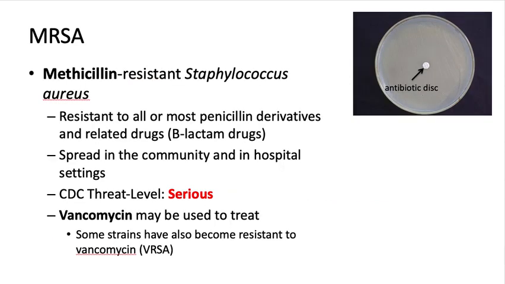If the staph is resistant to many antibiotics, including those beta-lactam penicillins or penicillin derivatives, then we call it MRSA. So MRSA stands for methicillin-resistant Staphylococcus aureus, and you've seen this slide in Unit 3. MRSA can be any of the above types of infections that we just talked about, a wound infection, cellulitis, folliculitis, etc. And MRSA infections can be community spread or hospital acquired.